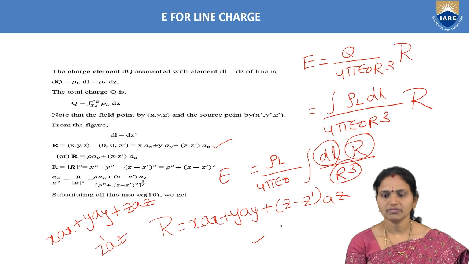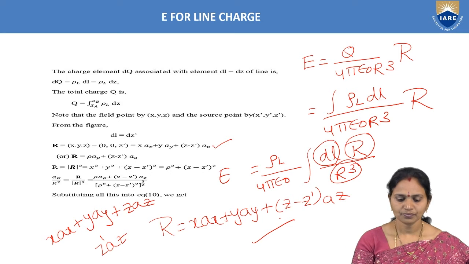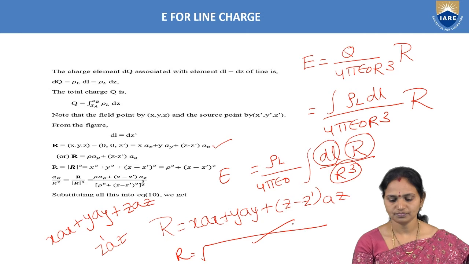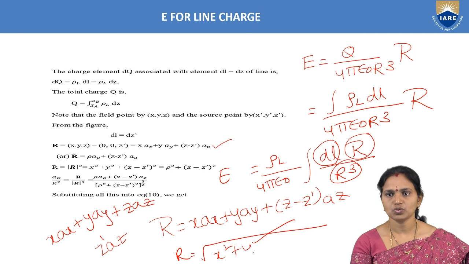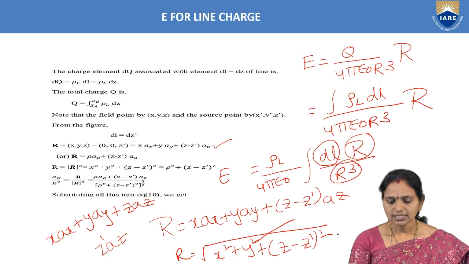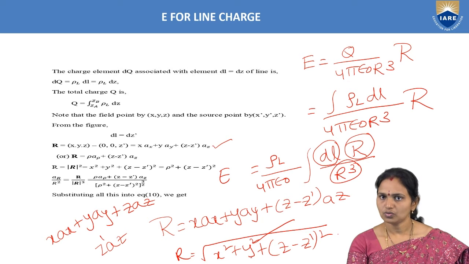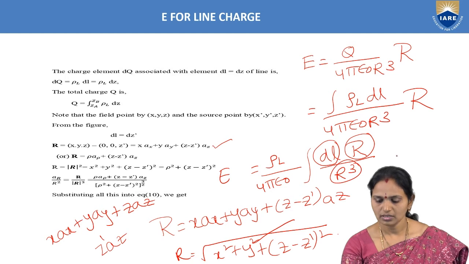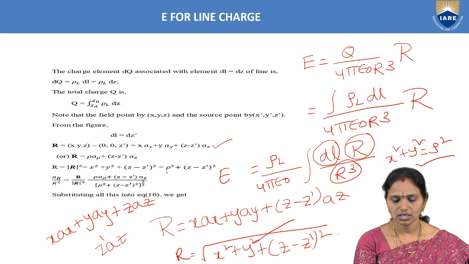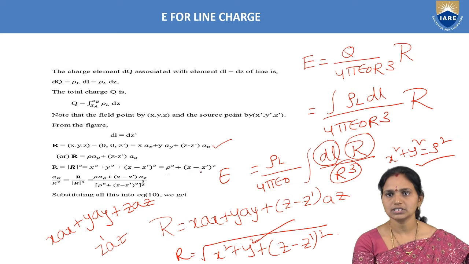As we have obtained the displacement vector, we can calculate the magnitude easily. The magnitude of vector r is the square root of x square plus y square plus z minus z dash whole square. We can directly replace x square plus y square with rho square. Then the equation we get is r equal to the square root of rho square plus z minus z dash whole square.